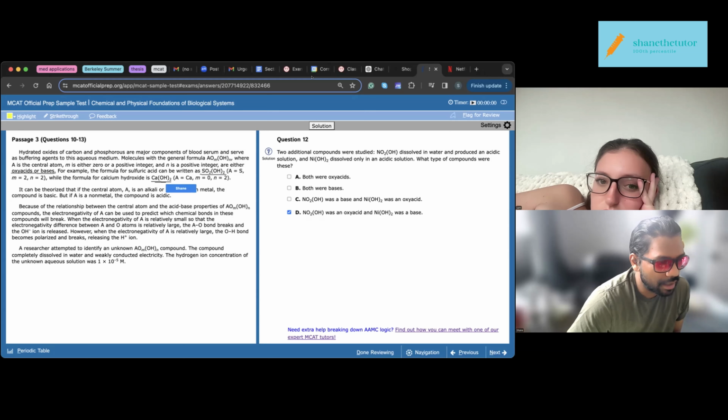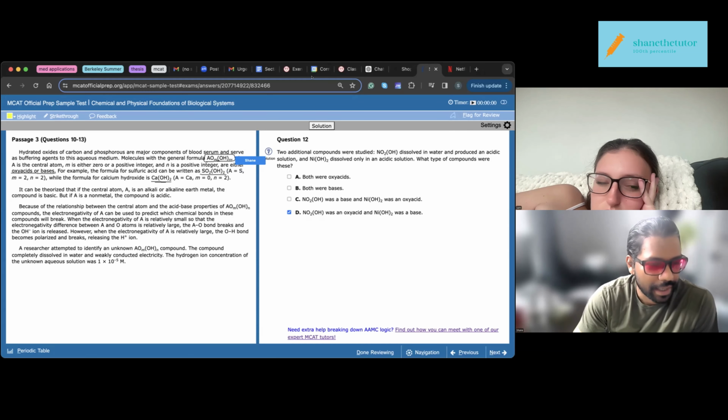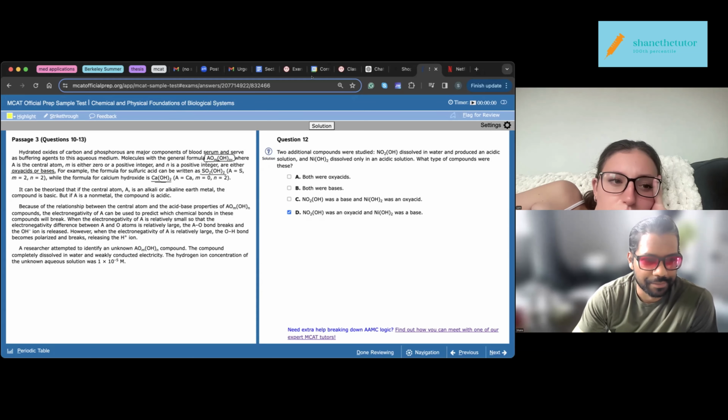And then they talk about this general formula here. That's the oxyacid formula. Where does it say that that's an oxyacid? I just need to know that.